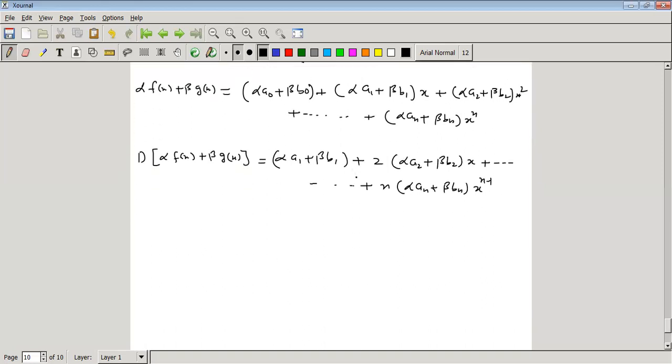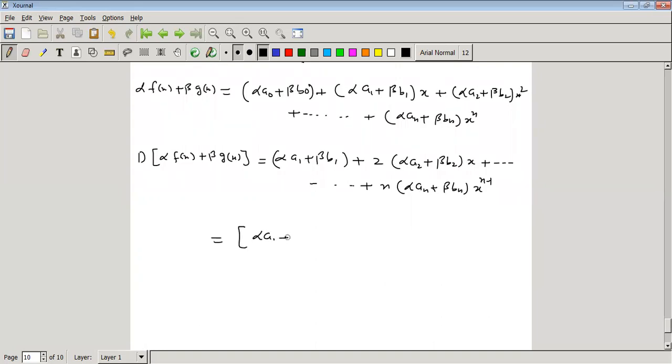Let this be equation 1. Now what we have to prove is that it is equal to alpha times D of f(x) plus beta times D of g(x), right? So we can take terms of alpha to be common. Even without taking this as equation 1, we can take terms of alpha common.